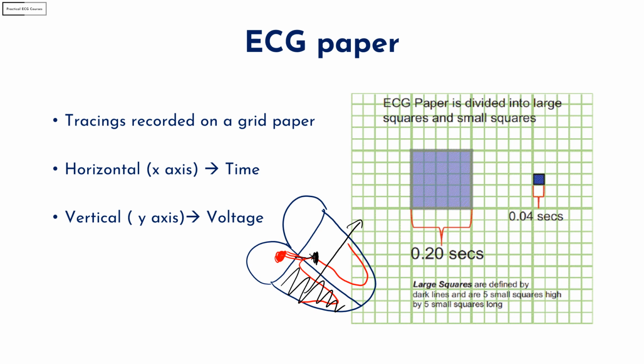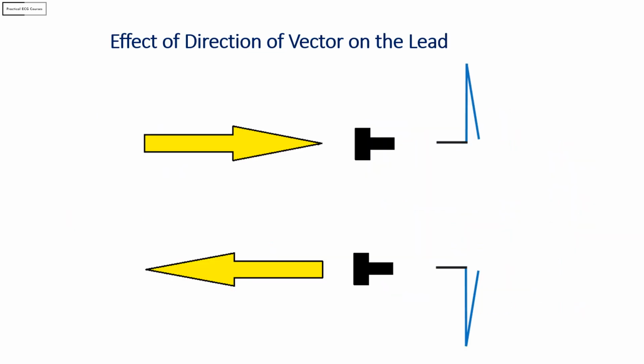Before we discuss that, there is a simple concept about vectors which we all should know. In physics, a vector is anything that has magnitude and direction. As the waves of depolarization traveling across the myocardium also have both magnitude and direction, depolarization can also be referred to as a vector. So what is the effect of direction of a vector on an ECG lead?